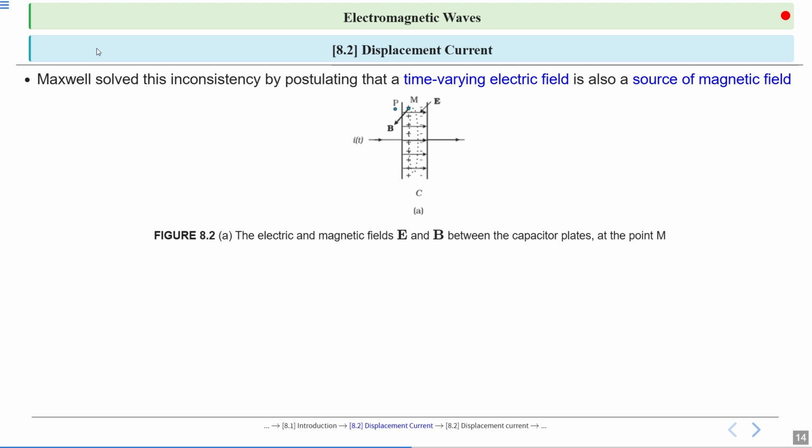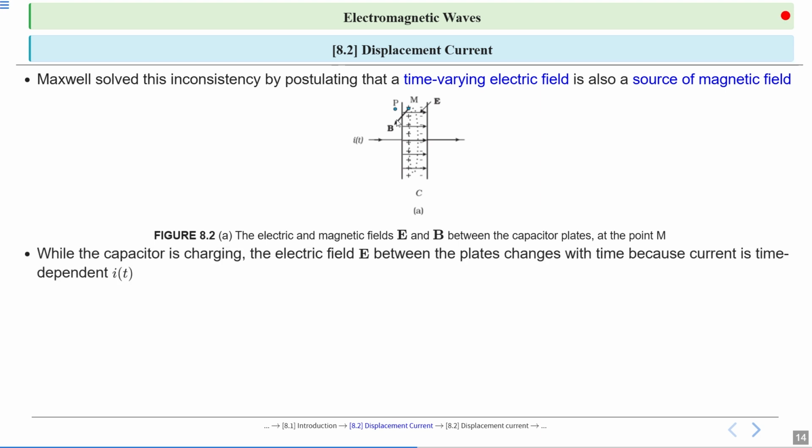That means there is a current I_T due to which the magnetic field is produced, but here there is no current. So how is this magnetic field being produced? This is a reverse effect: a changing magnetic field can induce an EMF or produce an electric field, and similarly a changing electric field can produce a magnetic field. From this, Maxwell got an idea.